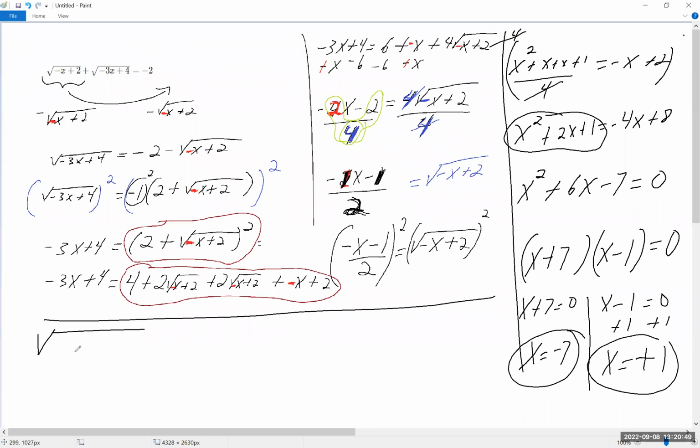But unfortunately, I think that the solutions are going to be what we call extraneous. And I was already expecting that. I don't know if either of them are going to work.